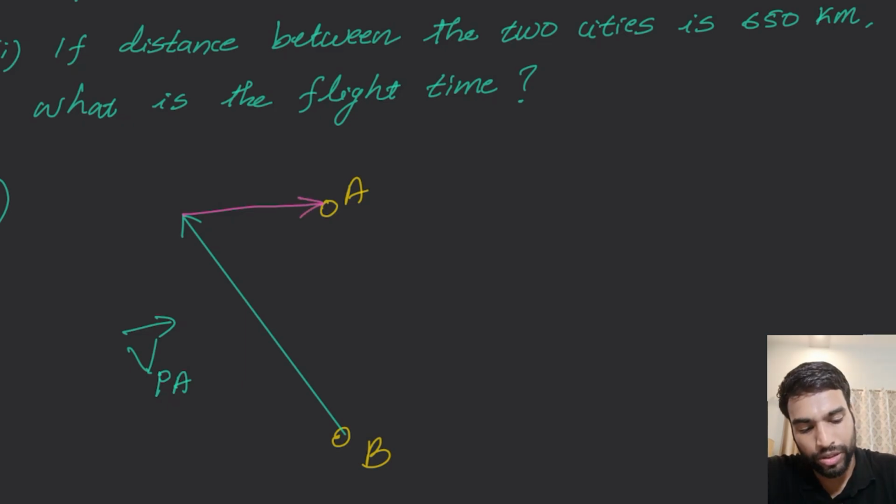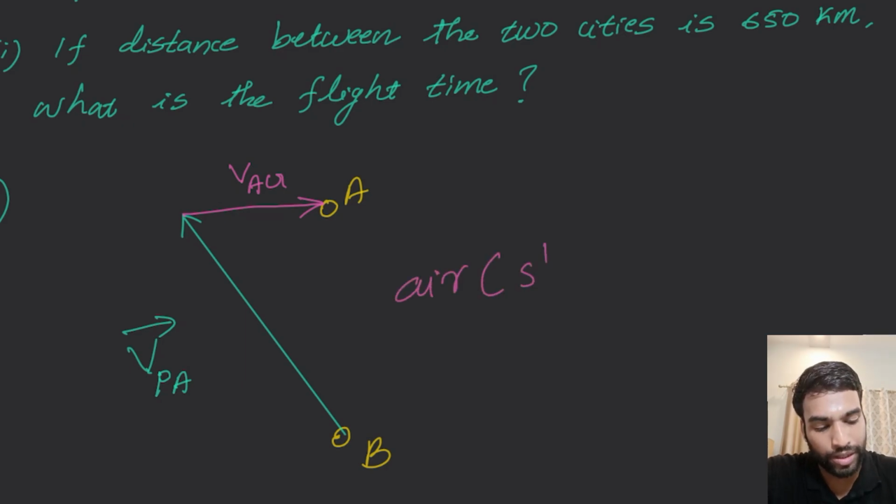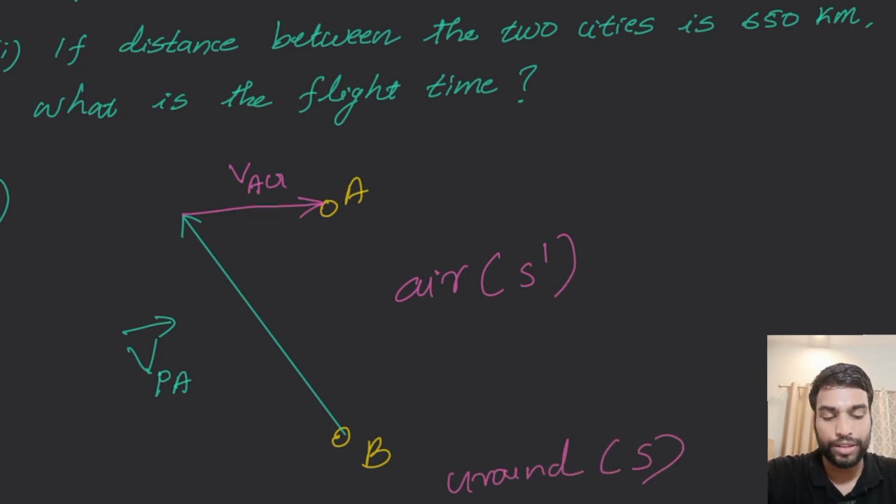So let me denote it as velocity of the air with respect to ground, right? Remember here, air is the S dash frame and ground is the S frame, right? That's very, very important. And the resultant vector must be like this. What is that actually? This is the velocity of the aeroplane with respect to ground.